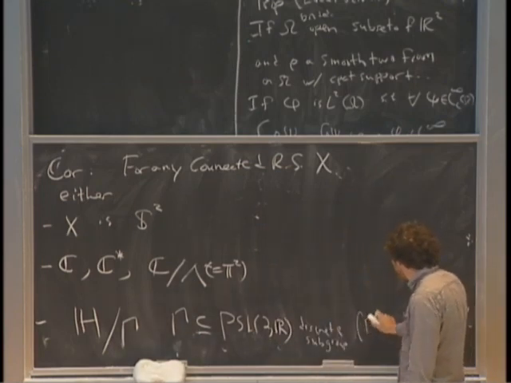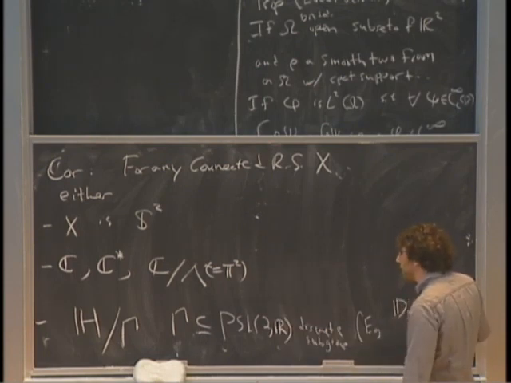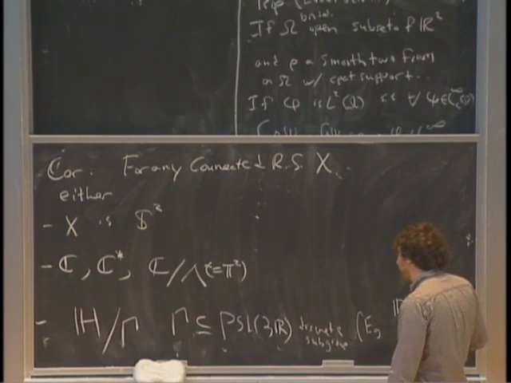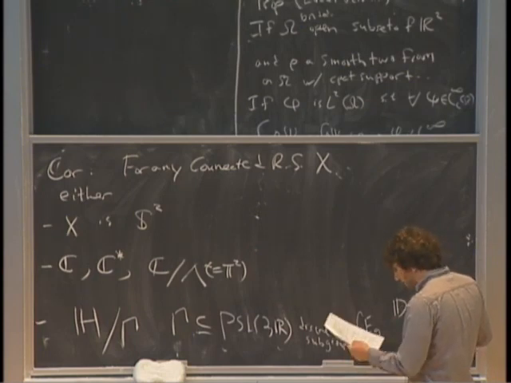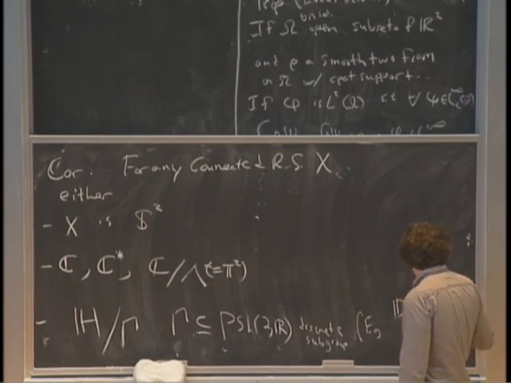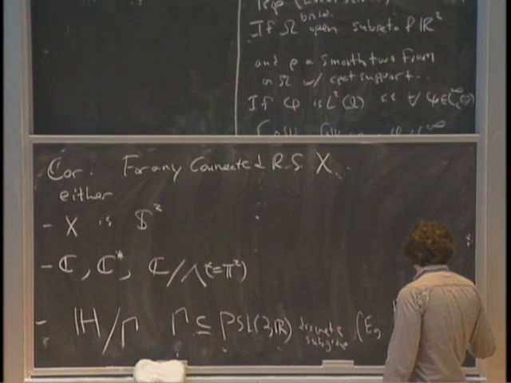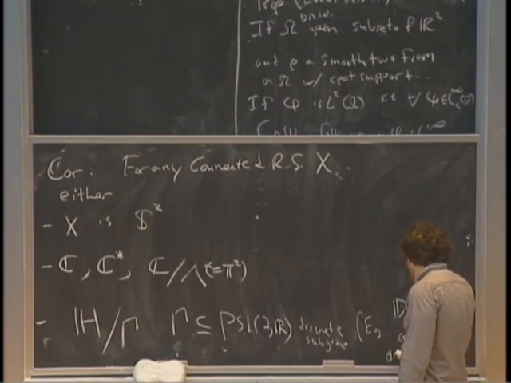There's lots of examples, but for example, the disk, the hyperbolic space itself, the punctured disk. What's another good example? The S2 minus 3 points, or any genus greater than 2 oriented surface, Riemann surface.